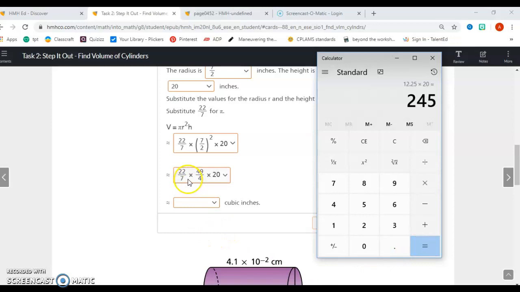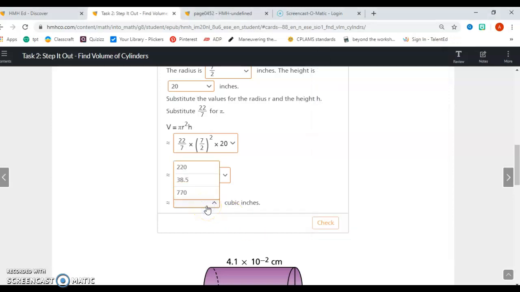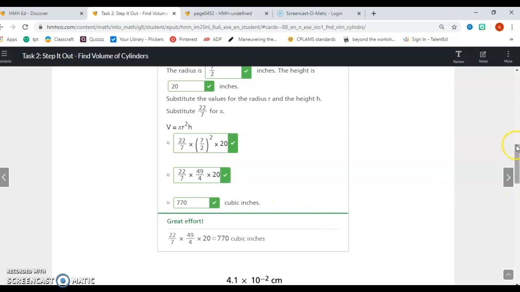And then times pi. Well, I know pi is 3.14, so I'm going to multiply 245 times 3.14. 769.3. If I round that, I've got 770. Nice.